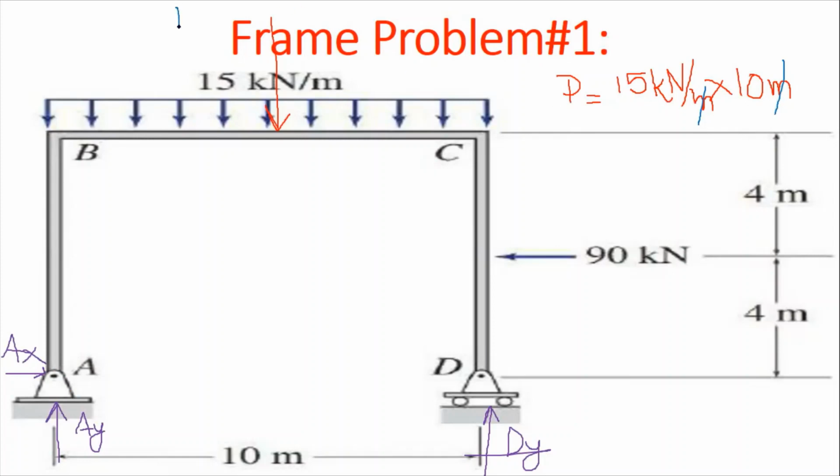So we can write P here as 150 kilonewton. So it is converted, and this distance will be 10 divided by 2, as we do in the beams. So this is 10 divided by 2 meter, and this will also be 10 divided by 2 meter.